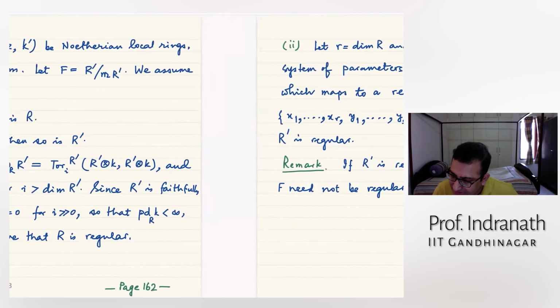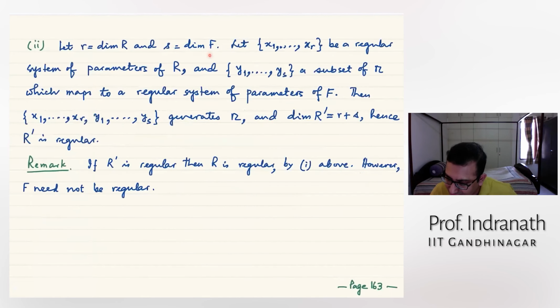So if you assume these are the dimensions of R and F respectively, you just take this as a system of parameters, which follows from regularity, and then it maps to a regular system of parameters of F, that is all right. And then this generates N. Okay, so the dimension of R dash is r plus s, and hence R dash is regular.